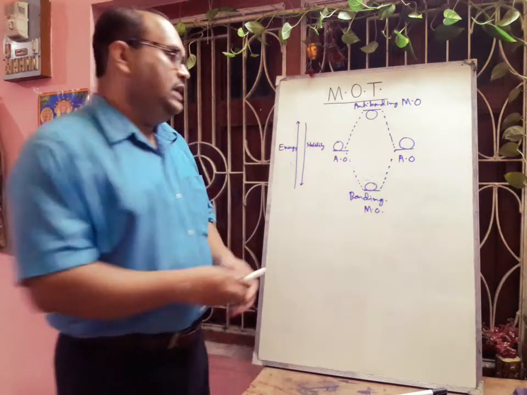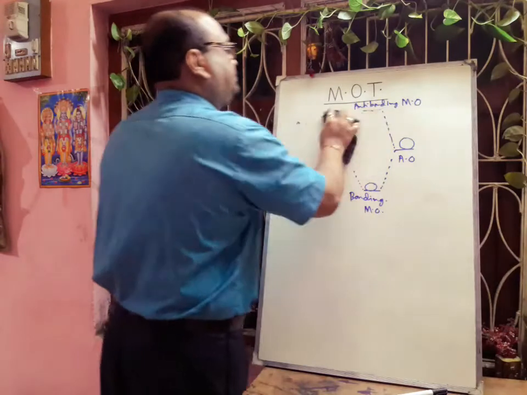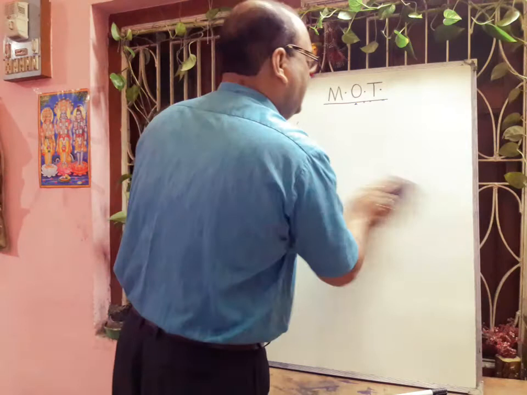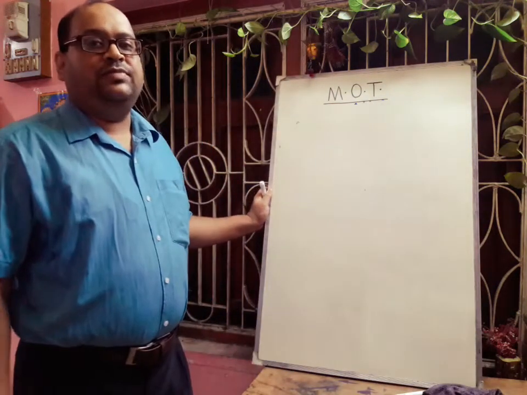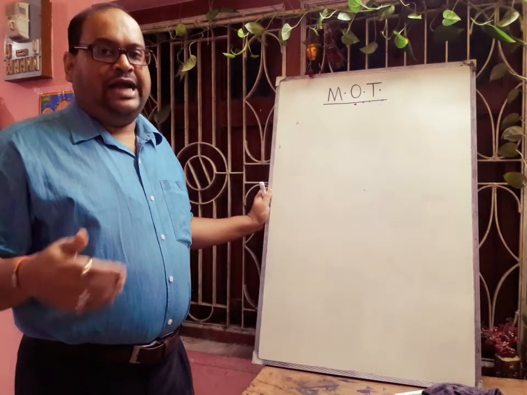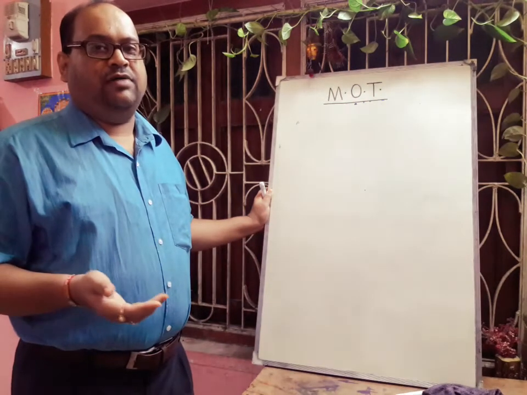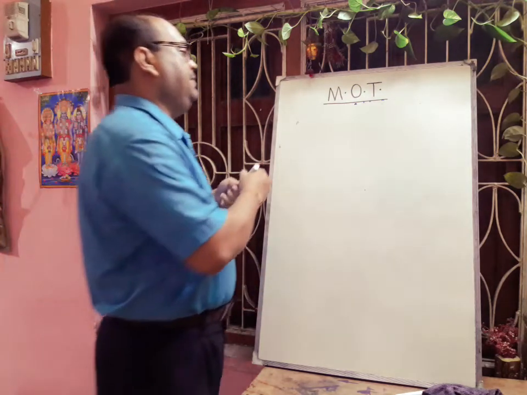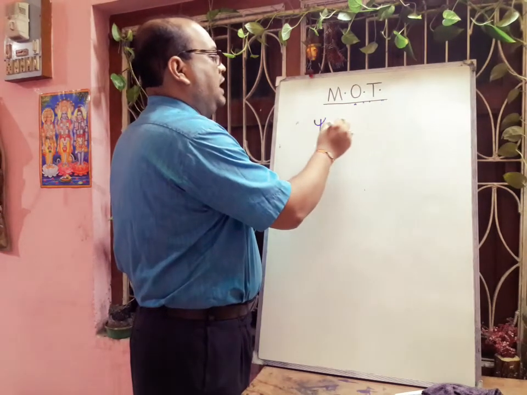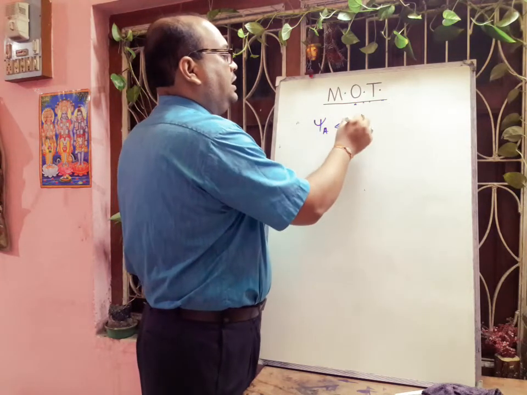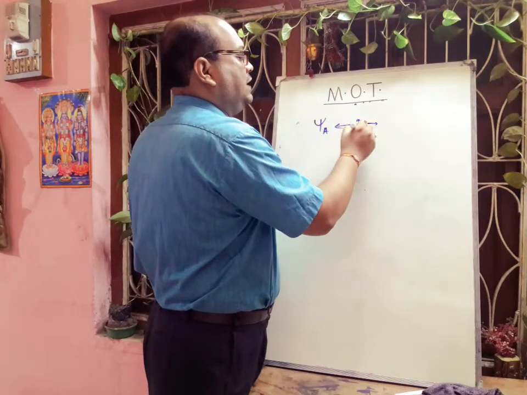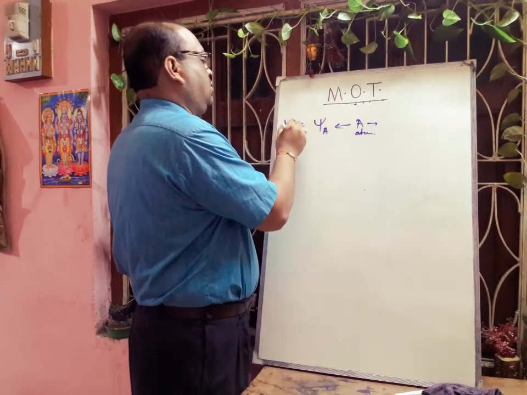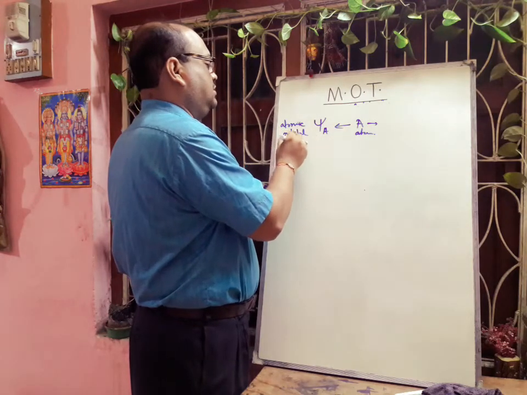Definitely, if we write according to the wave function, for atom A and its atomic orbital, the wave function of the atomic orbital of A is psi A. A is an atom and this is the atomic orbital wave function.